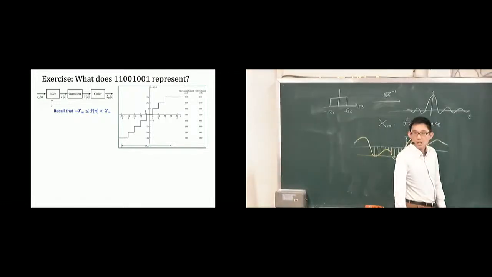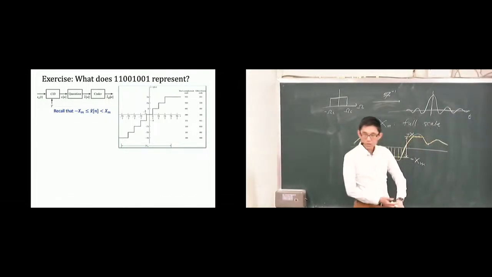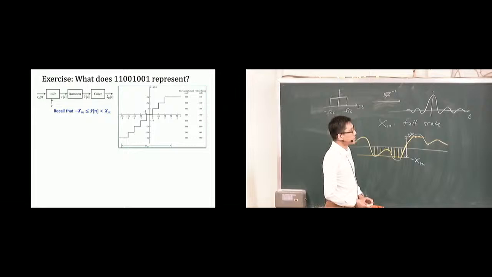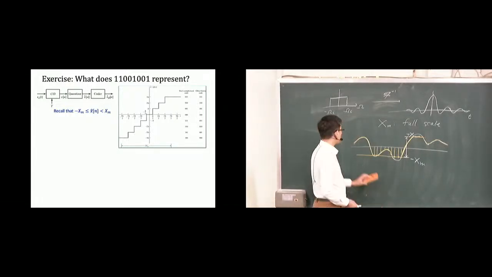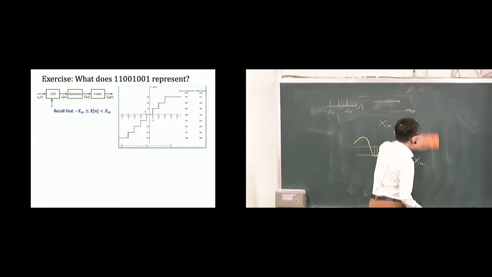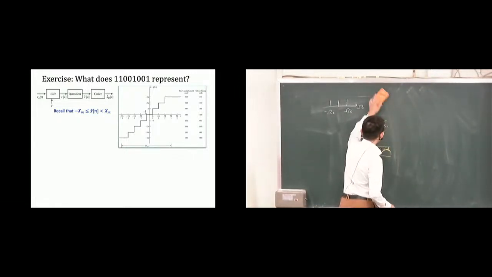How many delta does it represent? Okay, yeah. So I give you maybe 2 minutes, and we can check the answer. Right? How many delta does it represent? How many delta? Now we have 8 bits.